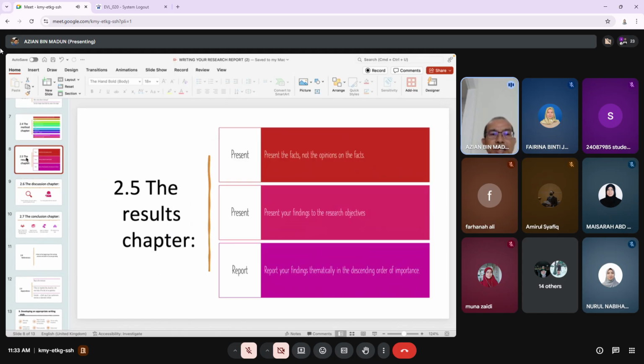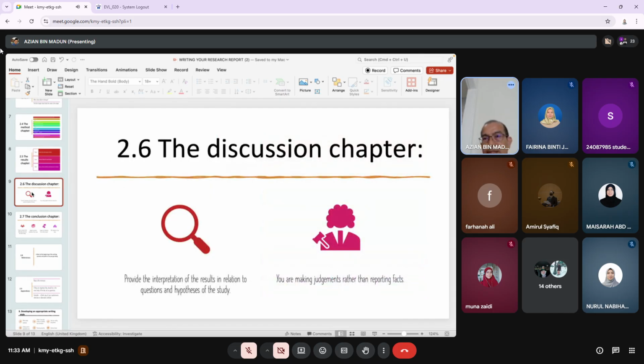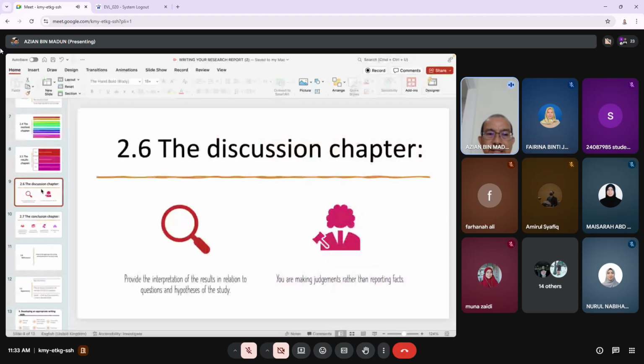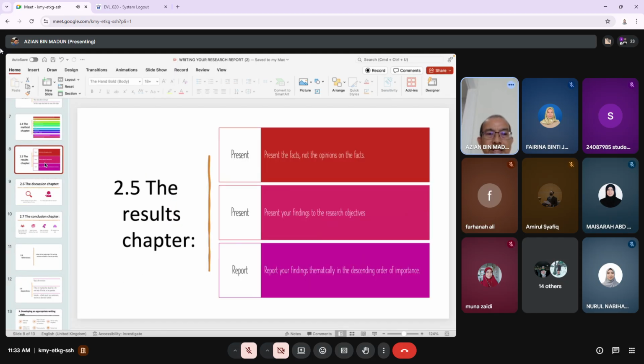Usually, as I said, results and discussion are separated because you are doing a survey. When doing a survey, there are so many tables, charts and graphs to show. That's why we break it into two, discussion and results separately.